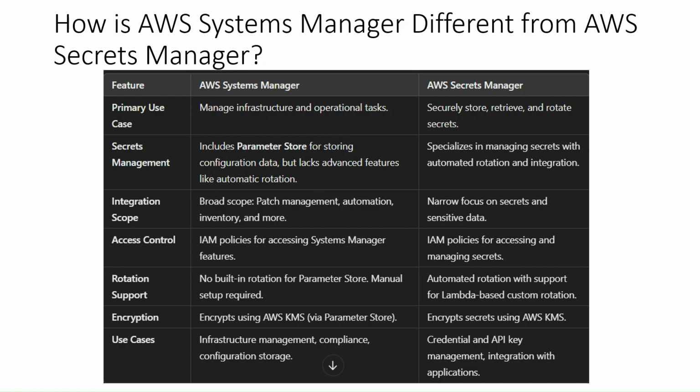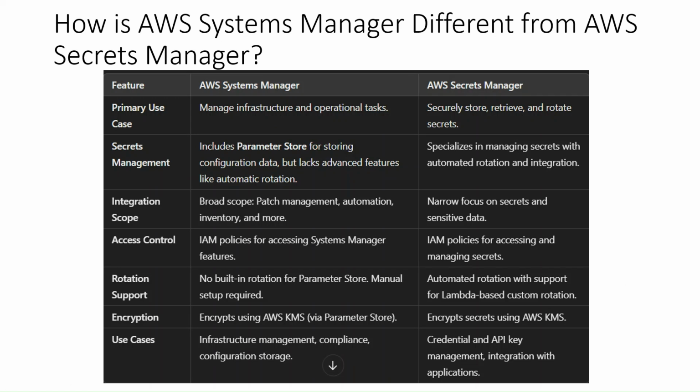So system manager as well as secret manager. System manager manages infrastructure and operational tasks, so it is completely related to your hardware and operations. When it comes to secret manager, it is storing, retrieving, and rotating your sensitive data.